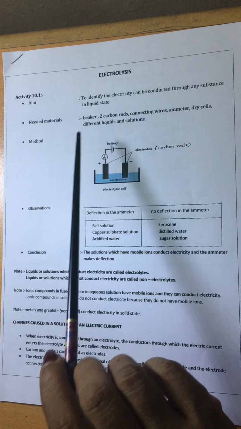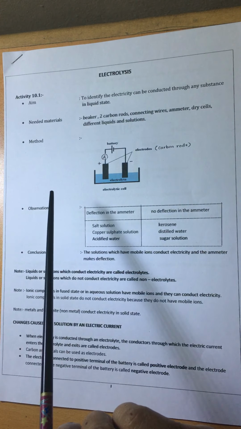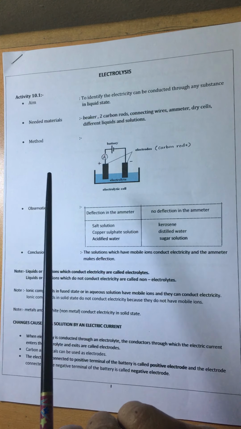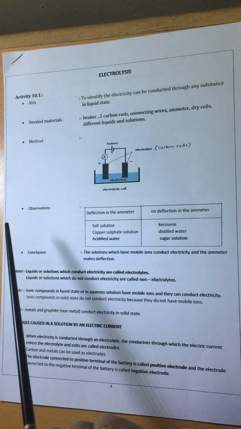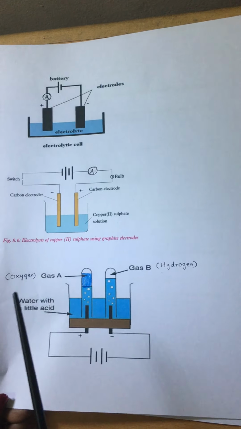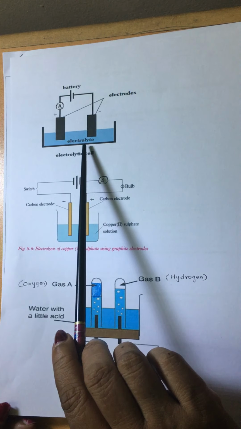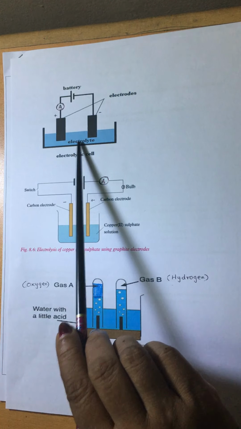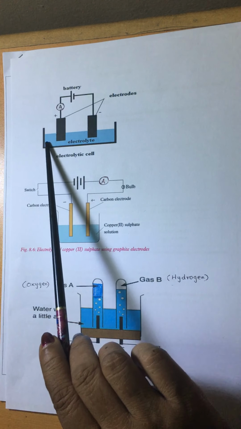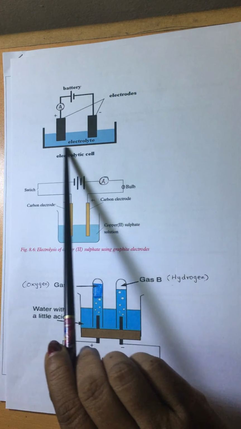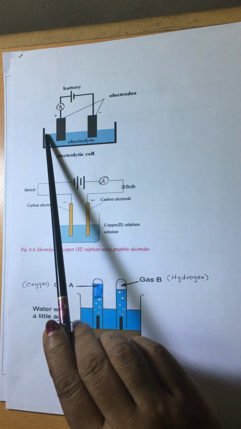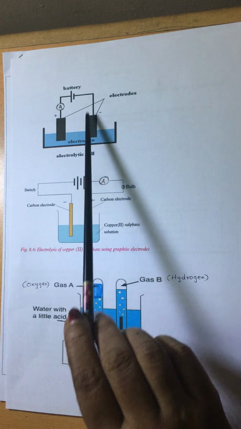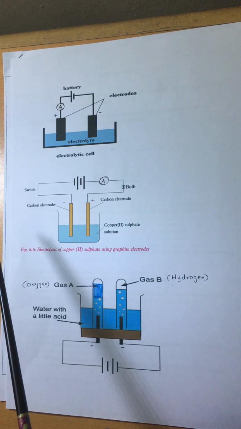So to identify whether electricity can be conducted through any substance in liquid state, you are going to do an experiment. What you do, you have to take the solution or a liquid here in a vessel. This liquid or solution we call electrolyte. The substance through which you are sending electricity, that is the electrolyte.